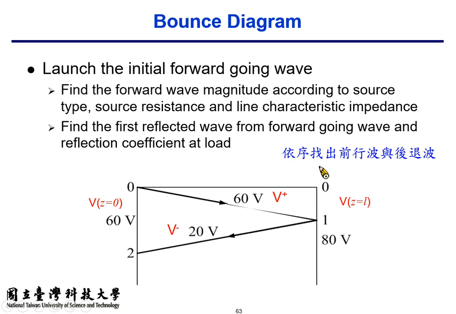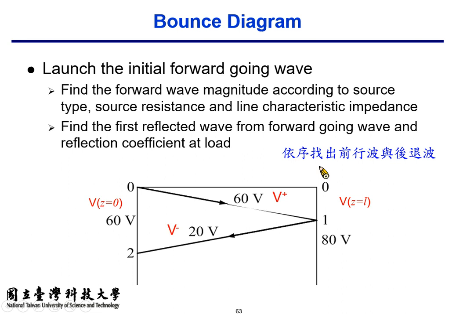So for t greater than 1 microsecond, you observe V plus and V minus, which is 60 plus 20. So we mark 80 here. That is the total voltage you observe at z equals L.